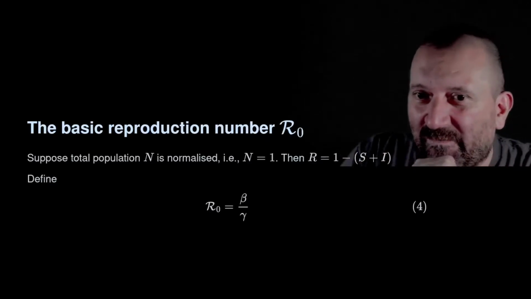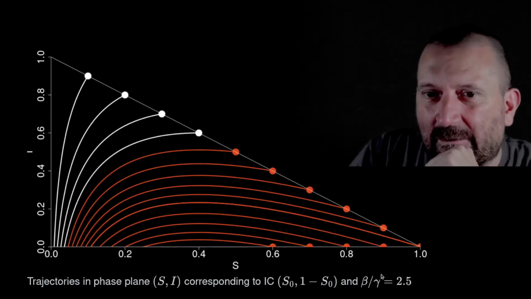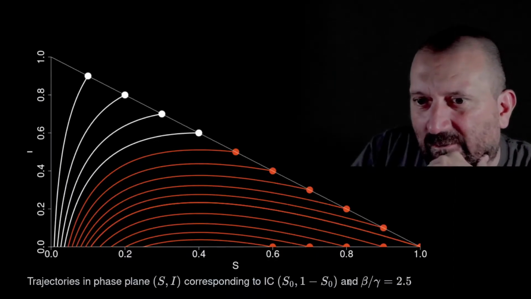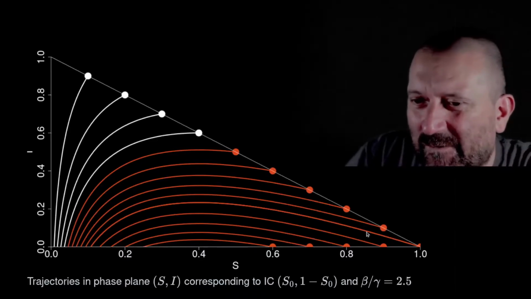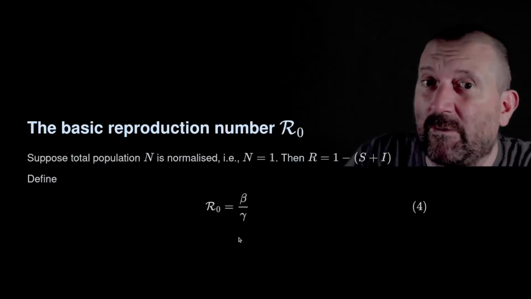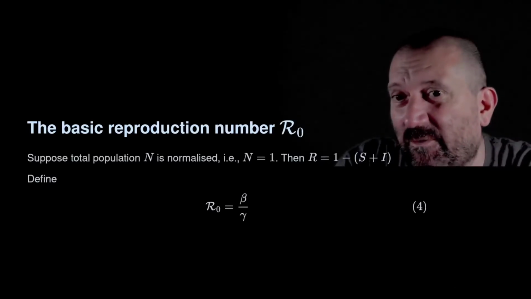So what this shows is that this ratio, which appears here as the inverse of that ratio, is quite important. And so we are going to call it R0, the basic reproduction number.